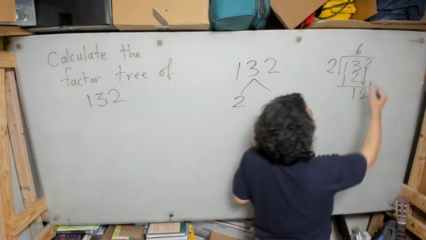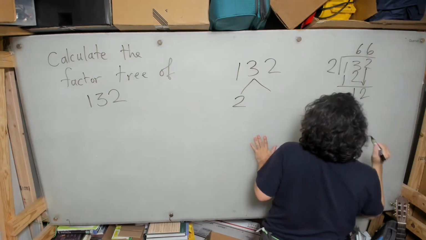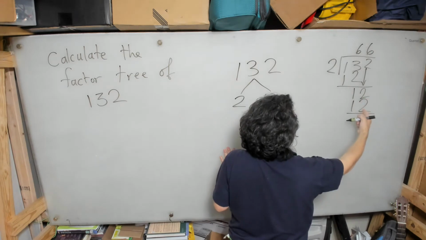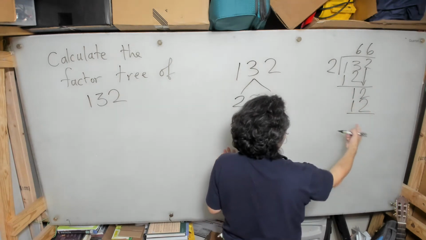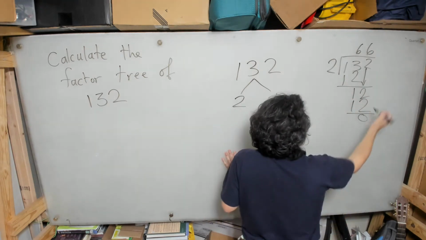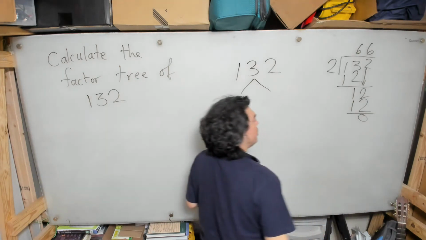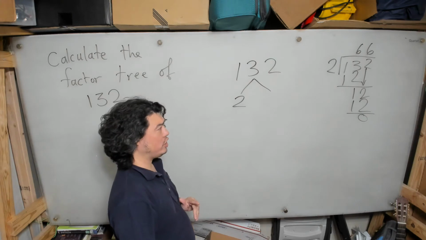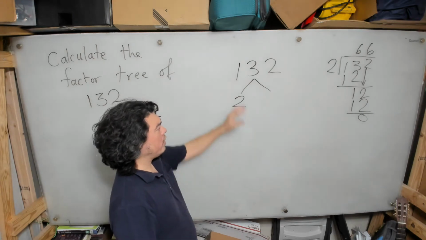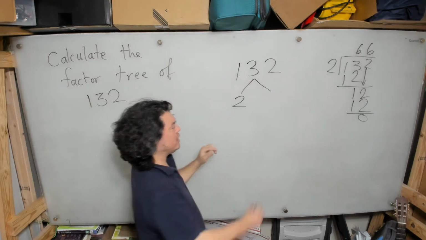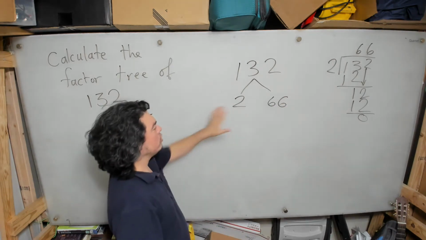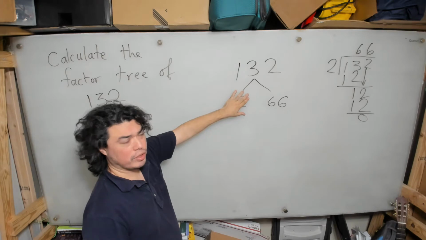So I write 6 here over that 2. 6 times 2 is 12. 2 minus 2 is 0. 1 minus 1 is 0. And there's nothing to bring down, so the division stops. So I saw in this situation that 132 is equal to 2 times 66. Like this. So here, this term is already done.